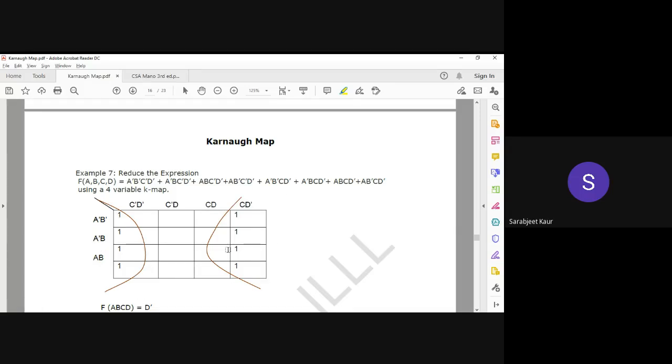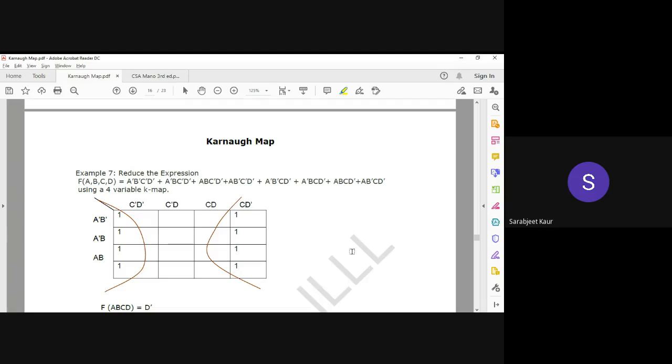So instead of going in for two quads, I should rather go in for one octet. Yes or no? Yes, ma'am. So I make a single octet here, grouping all these eight ones together.